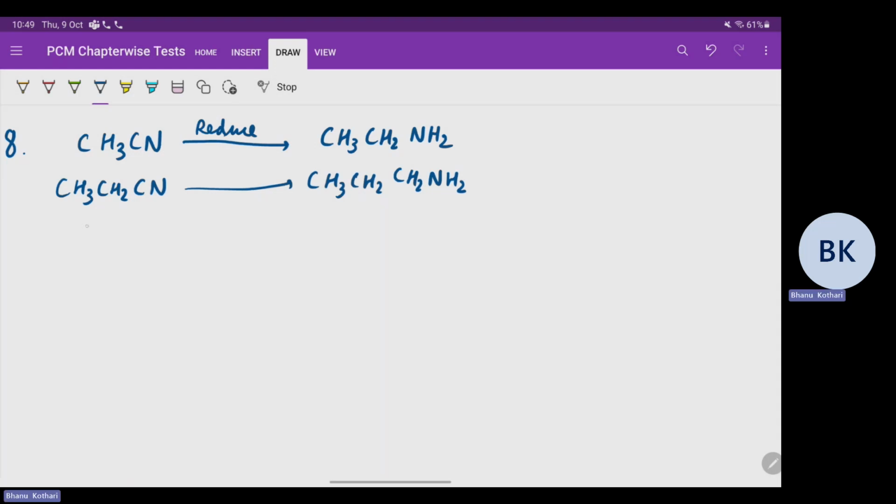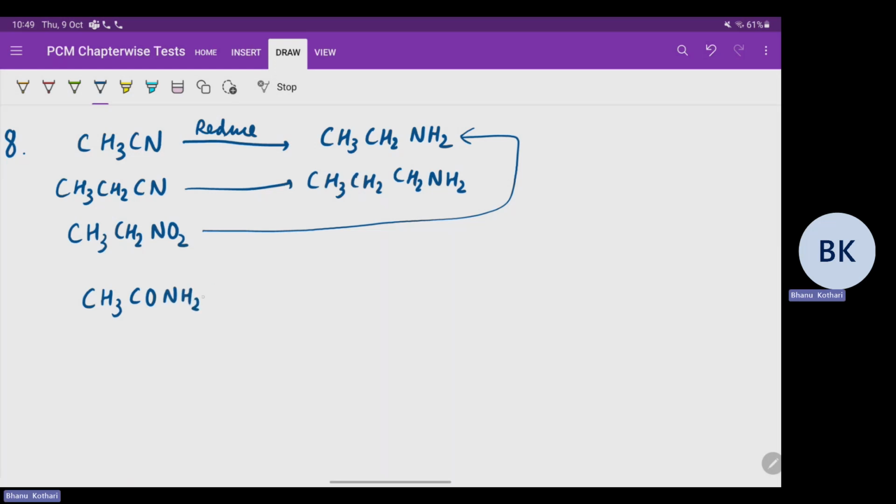What about nitroethane? CH3CH2NO2. This is nitroethane. When you reduce it, you get the same product, CH3CH2NH2. And acetamide, CH3CONH2.